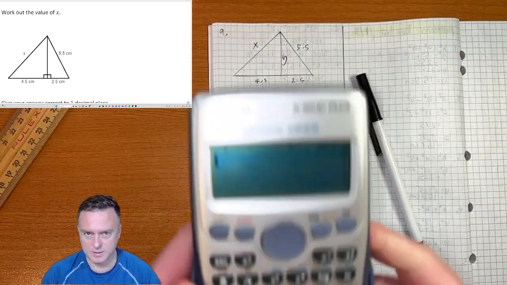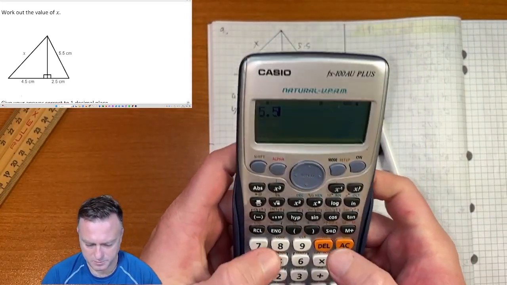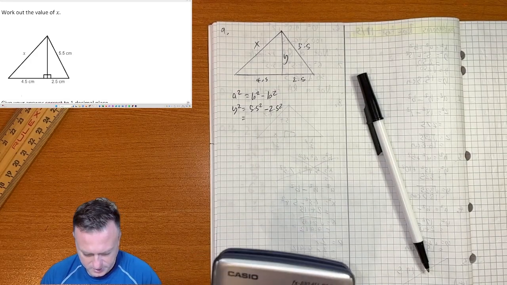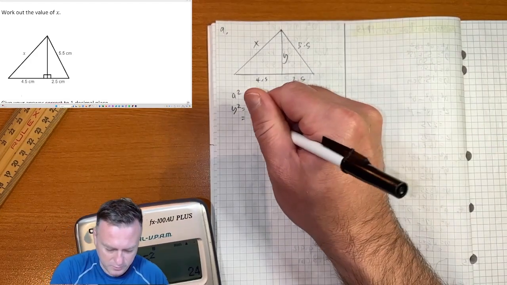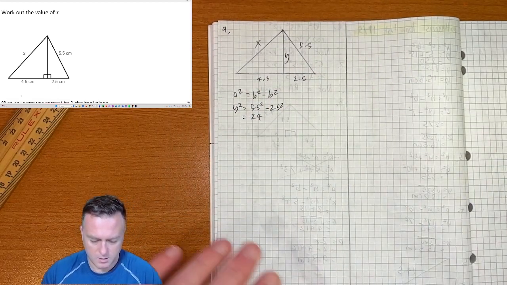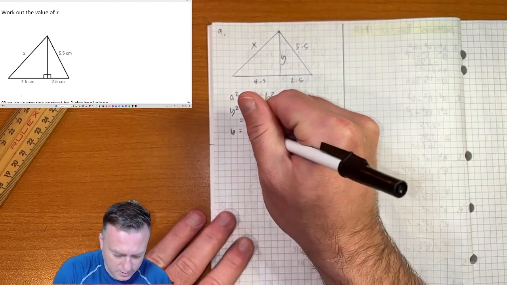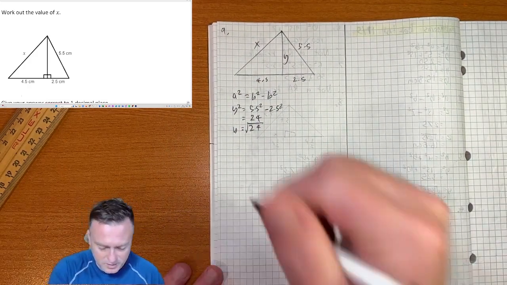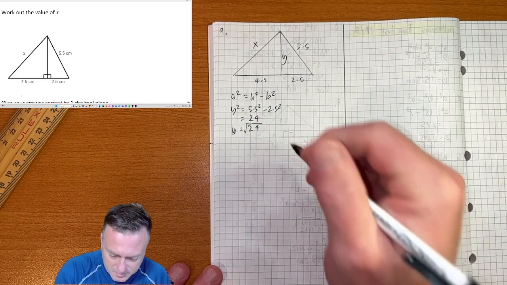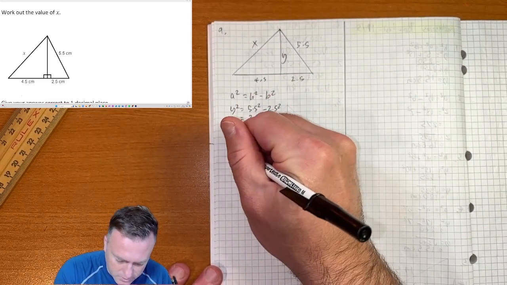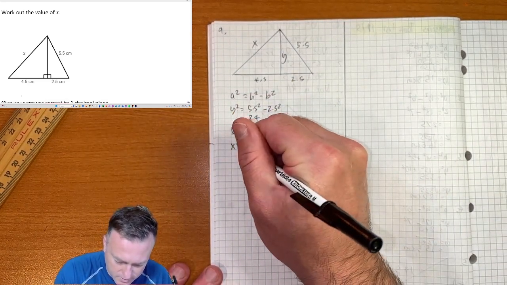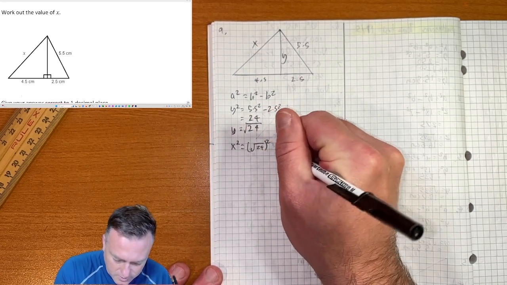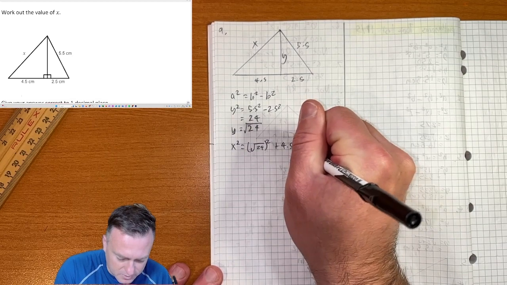Grab our calculator. 5.5 squared minus 2.5 squared. This is 24. And then y by itself equals the square root of 24. Now I'm going to leave it in that exact form here because it's just going to make my life easy for the next bit. So x squared is now equal to the square root of 24 all squared plus 4.5 squared.